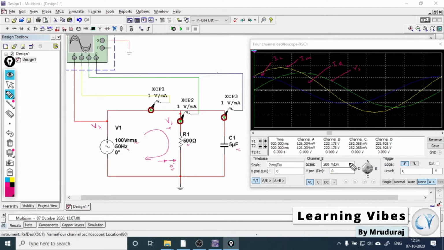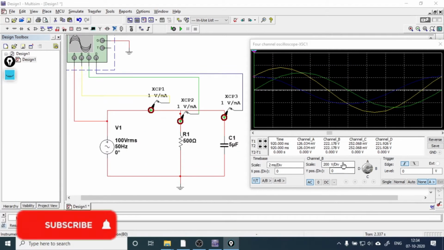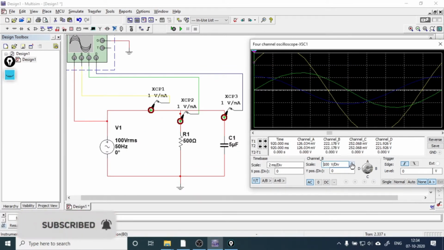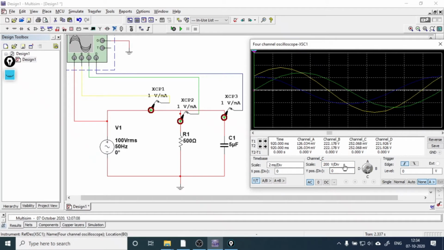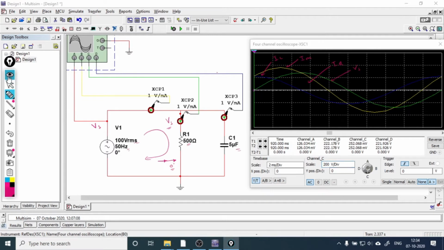See, once I change the scale of channel C, you will be able to see that the red waveform is of supply voltage or voltage across R1 resistance, and the green waveform is the current flowing through the resistance, and they are both exactly in the same phase. So it's clear from this diagram. Again we'll turn back to the scale.